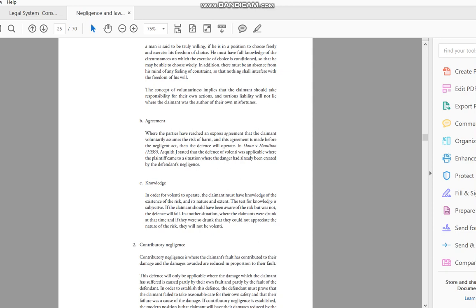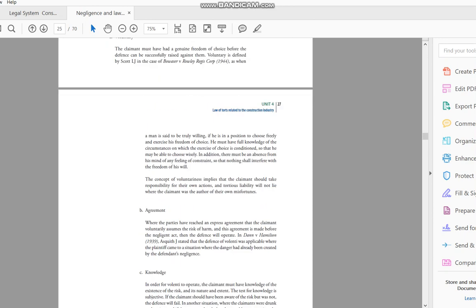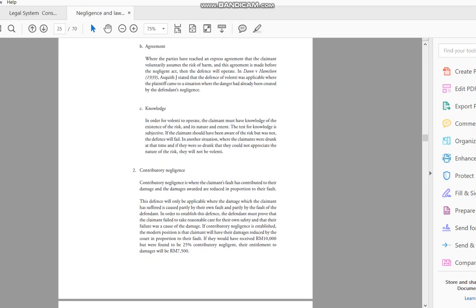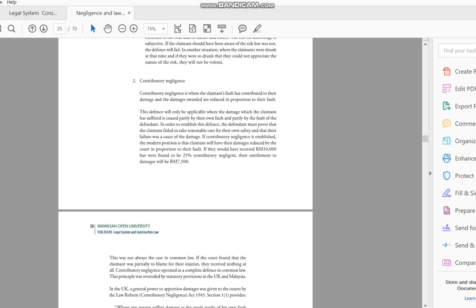The claimant voluntarily assumes the risk of harm. So it's saying that he knows that when this happens, I am put at risk. You see, these elements here, you just have to read through, I think it's quite easy to understand.